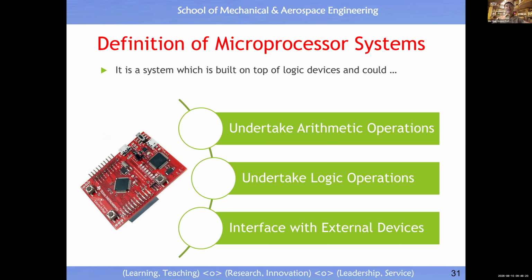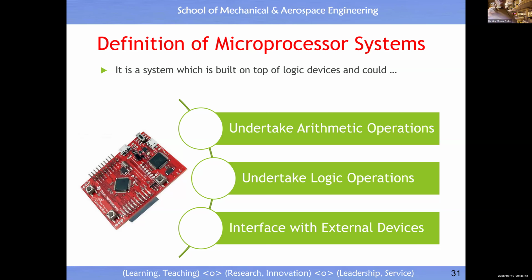That's it, right? And here you see undertake arithmetic operation, undertake logic operation. Basically this is to modify the data during the data flow. Interface with external devices basically is to flow in data, flow out data, right?